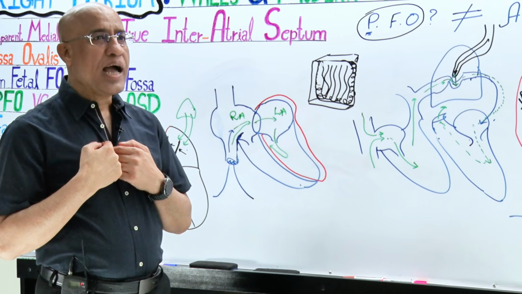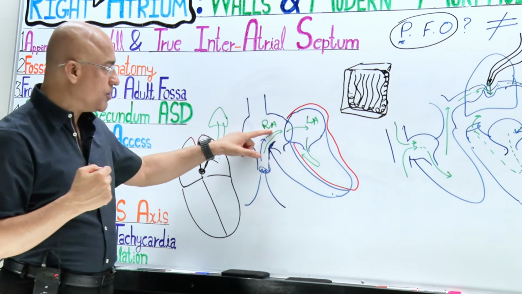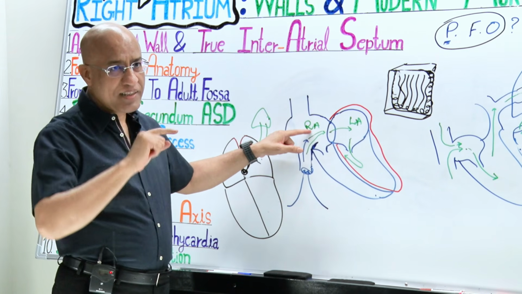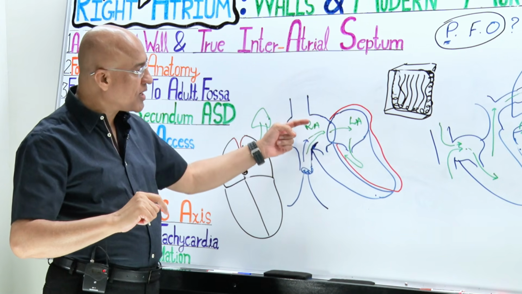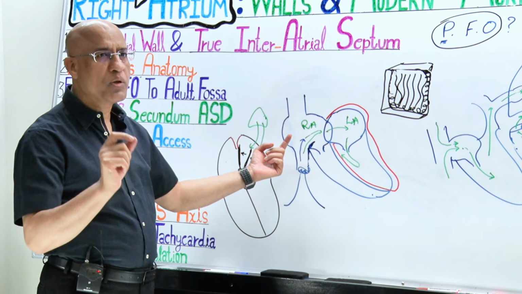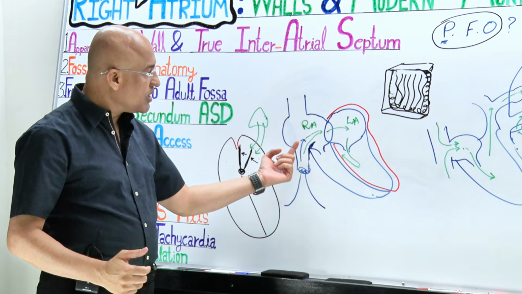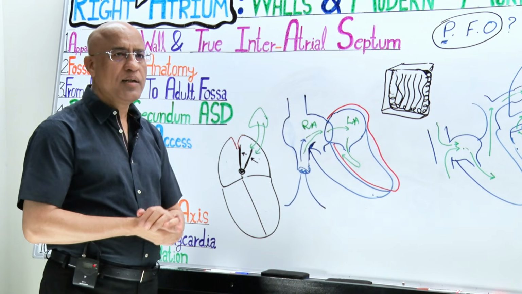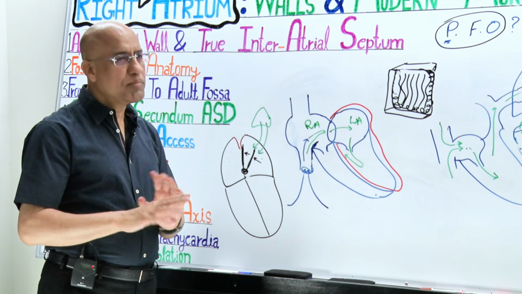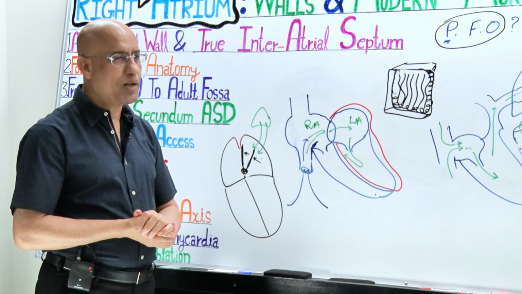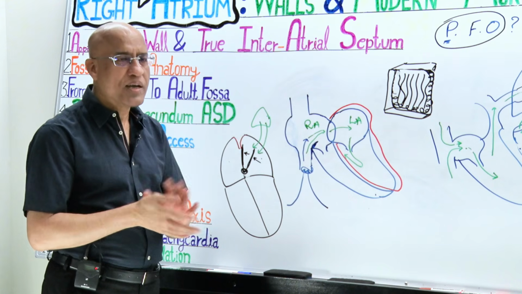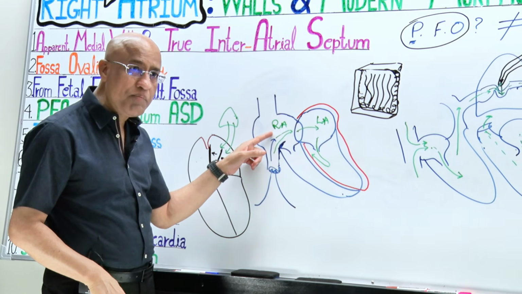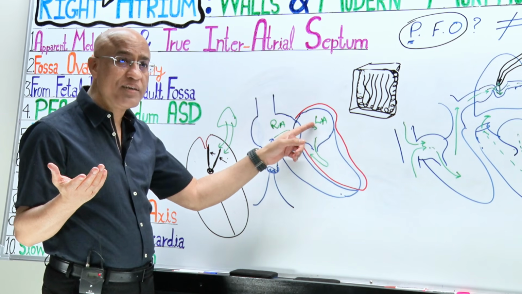And when they happen to be in the right atrium, at that very moment, when that clot was passing, not a thrombus truly now because it is mobile, an embolus, passing through the right atrium, very unfortunately some situation happens. I will tell you what that situation is. Some situation happens and the pressure in the right atrium becomes more than the left side.